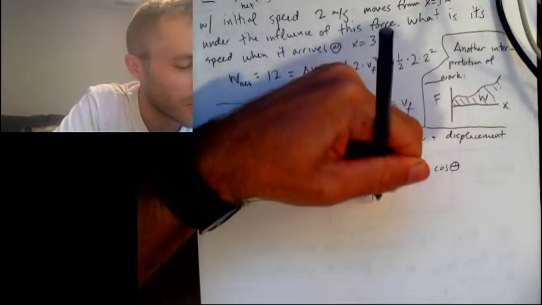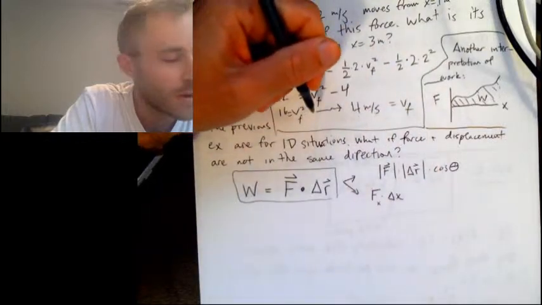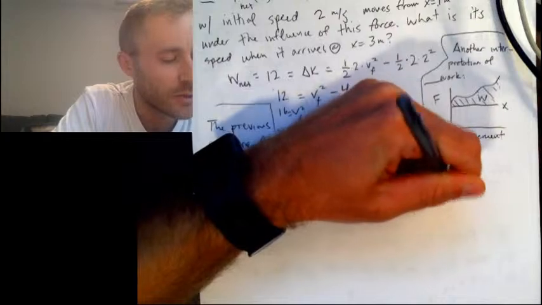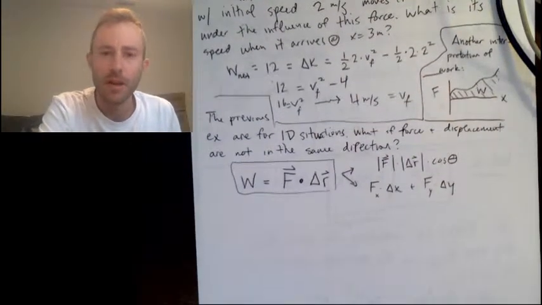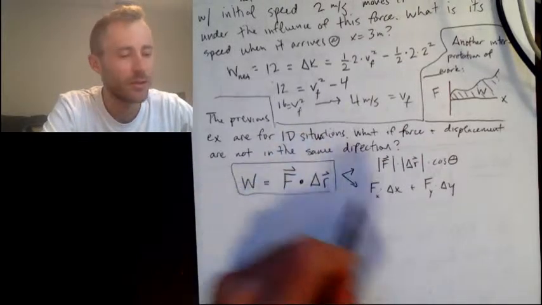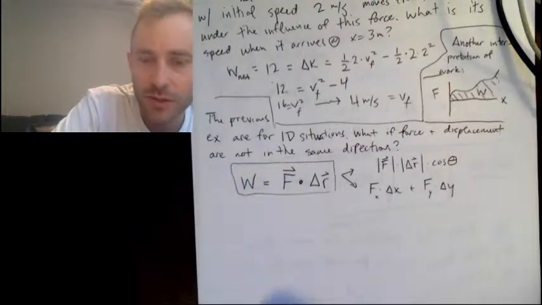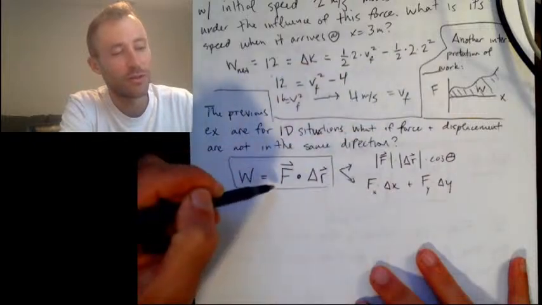So the x component of the force times delta x plus the y component of the force times delta y, because the x component of displacement is delta x and the y component is delta y. So these are two different ways to think about the dot product.